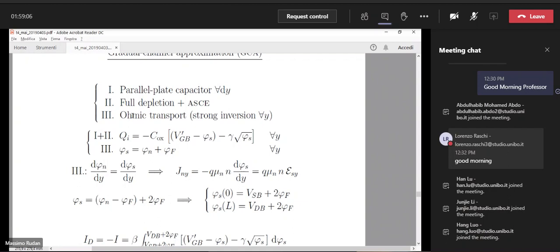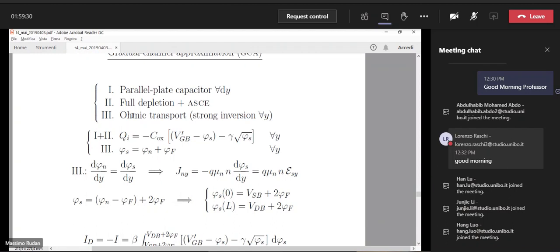This condition is completely different, as you remember, from that we analyzed in the bipolar device, okay? So this condition of ohmic transport is not obvious. It is something that must be demonstrated, okay? We shall do it, but later.